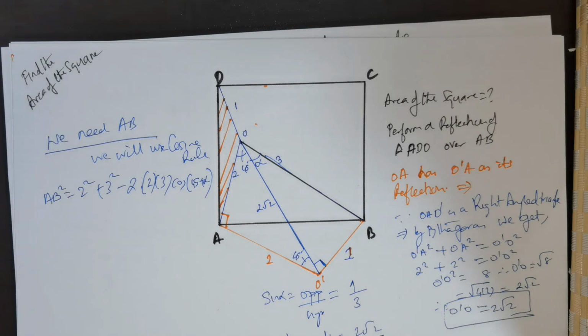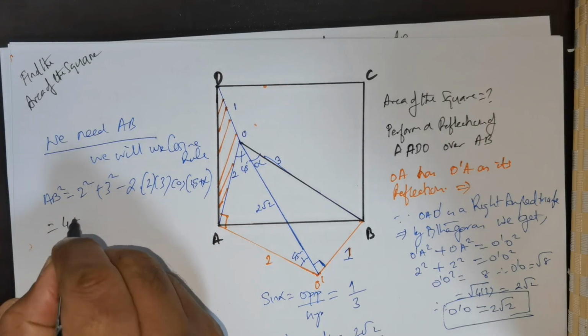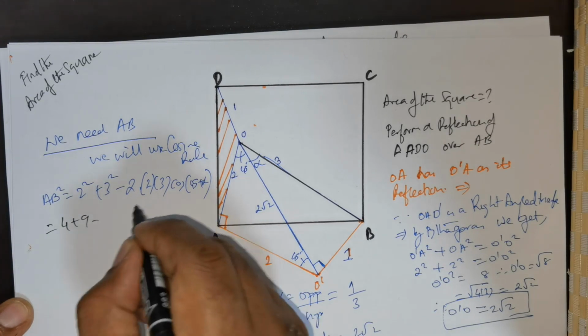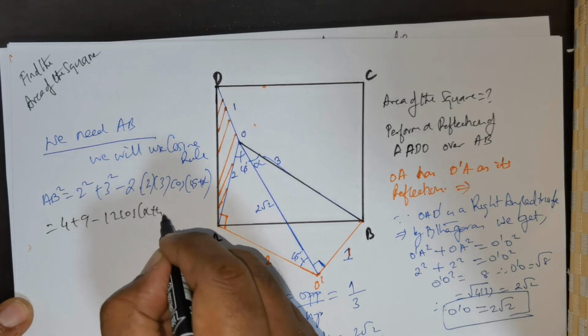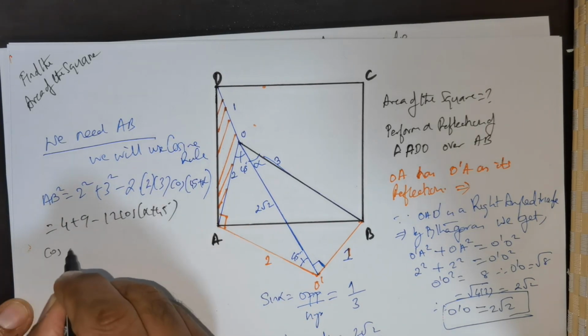So this is equal to 4 plus 9, 2 twos are 4, 4 times 3 is 12, cos of alpha plus 45. What is that?